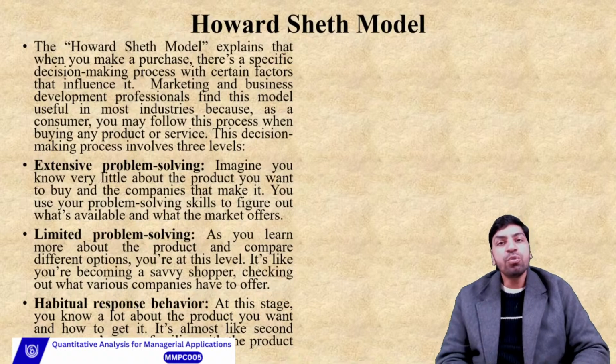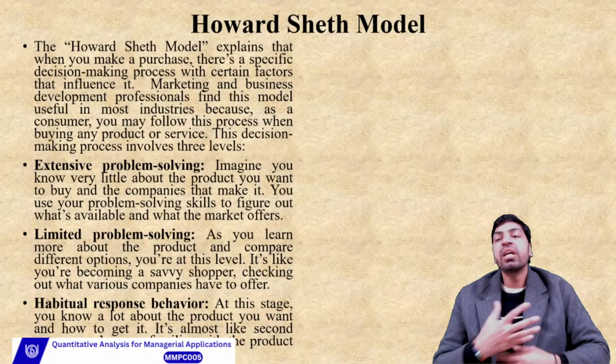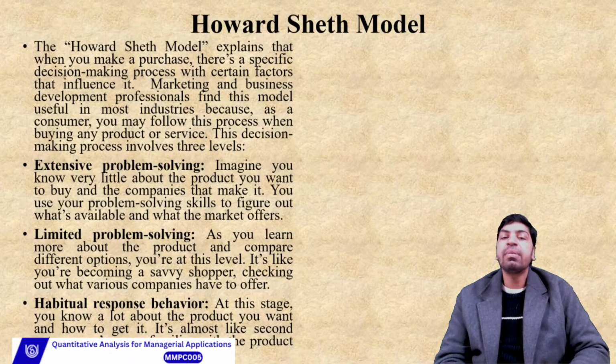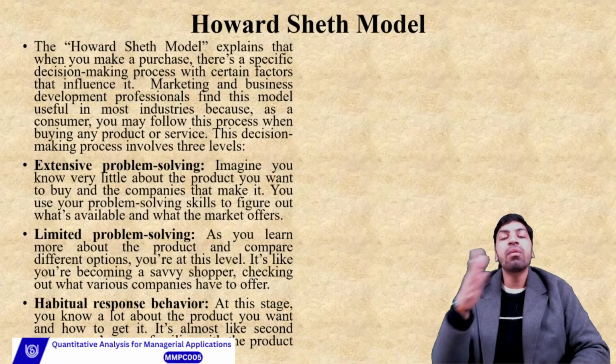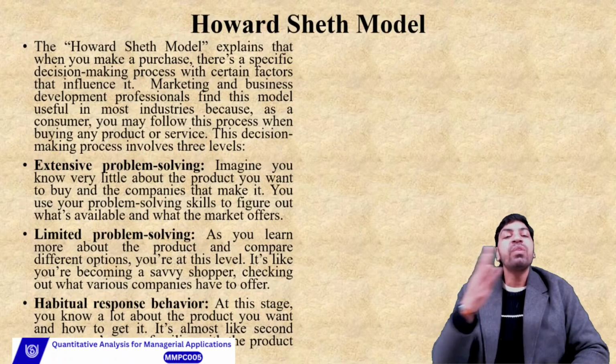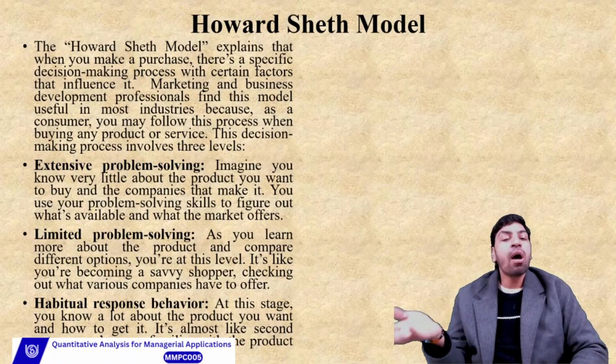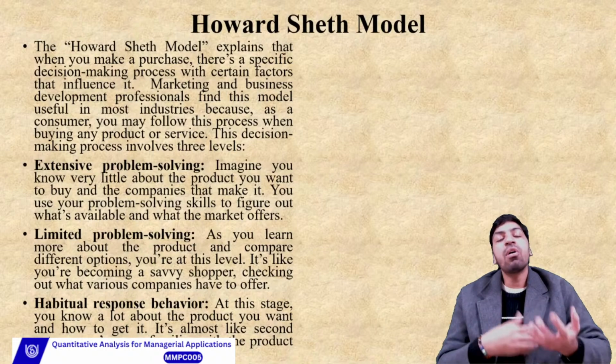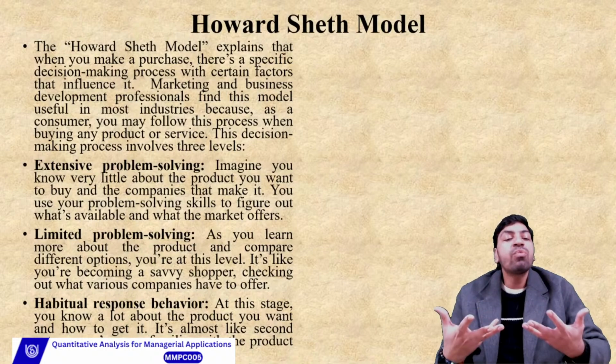So you use your problem-solving skills to figure out what is available and what the market offers. In limited problem solving, you want to learn more about the product and compare it with other product options. That is your choice, your level of understanding.